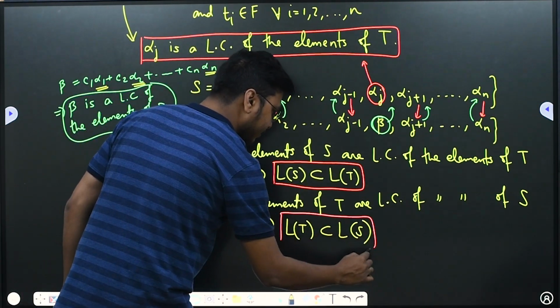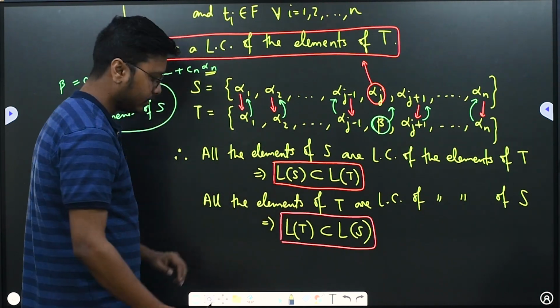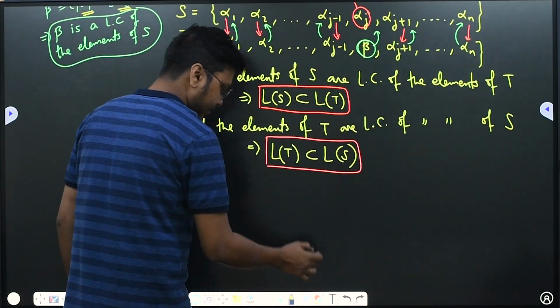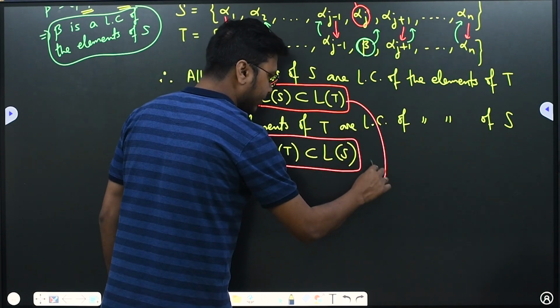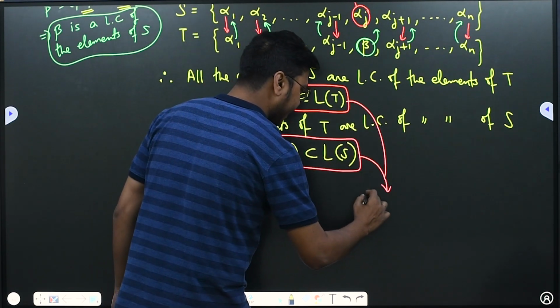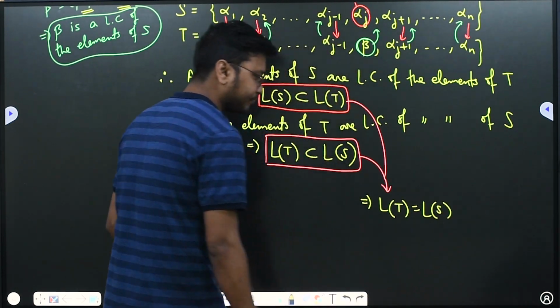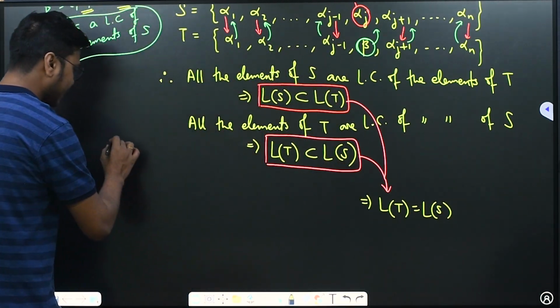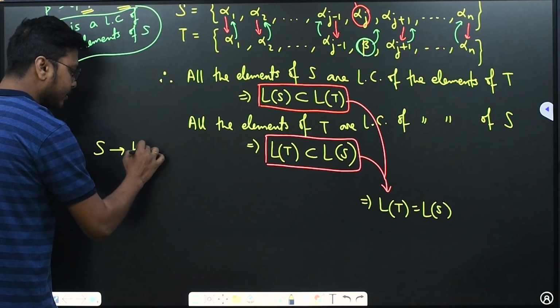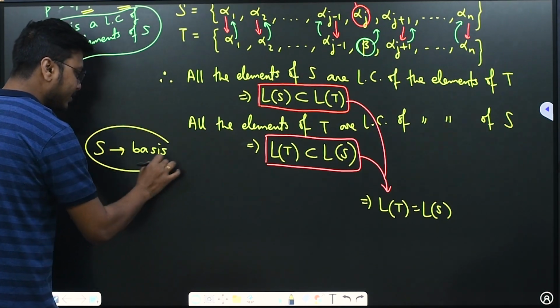So these two together imply that L of T equals L of S. Now I know that S is a basis. This was already told to me in the question, right?